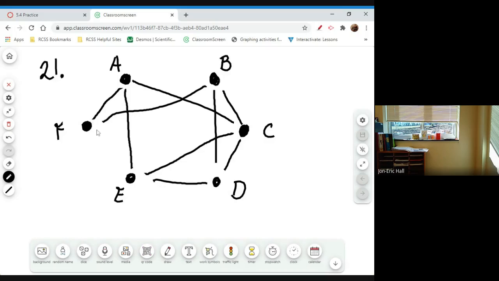We need this one, and we need that one. Because we don't play A, it needs to connect to everything but A. E plays against every team except B. So we only need to connect it here at F. No connection up there. And F plays against every team but C. And if we did this right, we don't need to do anything.